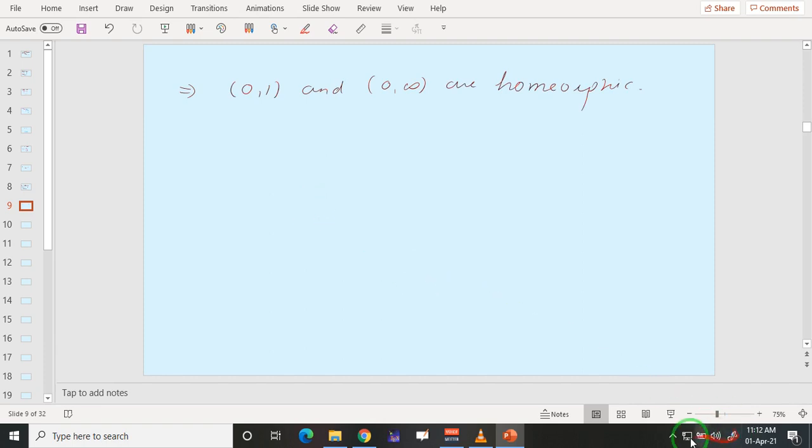Okay. Now also, this is not only with open interval 0 1 and open interval 0 infinity. I can give an exercise: show that open interval 0 1 and minus infinity to 0 are homeomorphic.